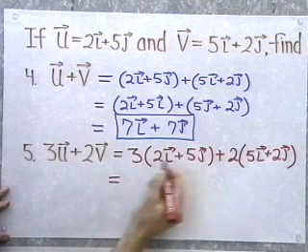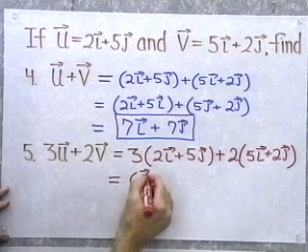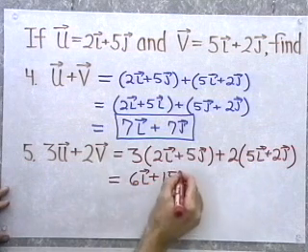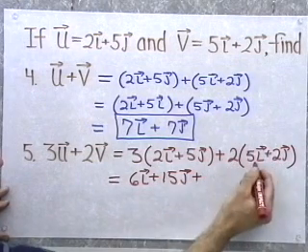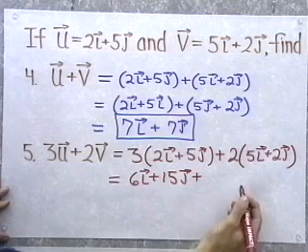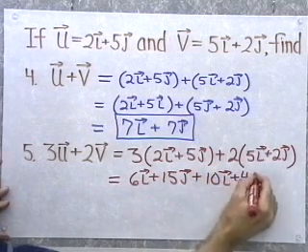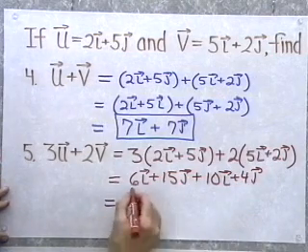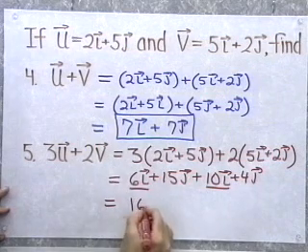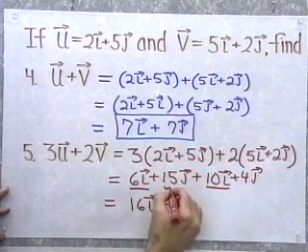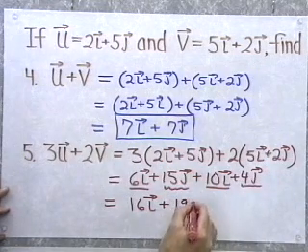So this is just the distributive property. 3 times 2i plus 5j is going to be 6i plus 15j, plus 2 times 5i plus 2j is going to be 2 times 5i plus 2 times 2j, again just by the distributive property. So I'll have 10i plus 4j. Now I'm going to add my horizontal components. 6i plus 10i is going to be 16i. And then I'm going to add my vertical components. 15j plus 4j is going to be 19j.